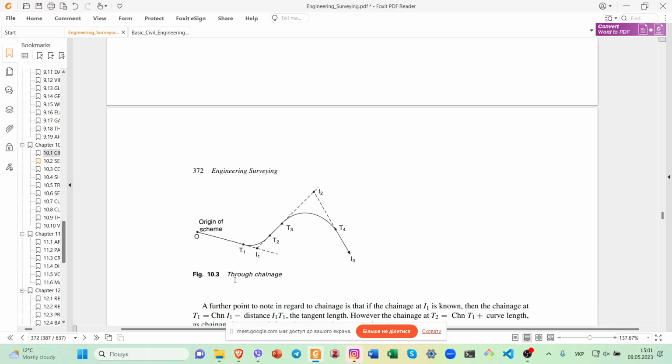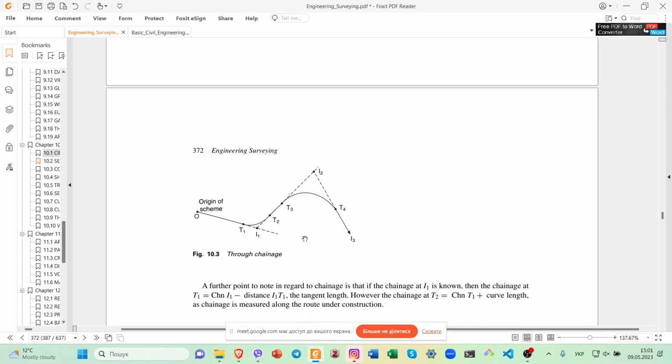So the difference between the straight lines and the straight line with curves we call through chainage.